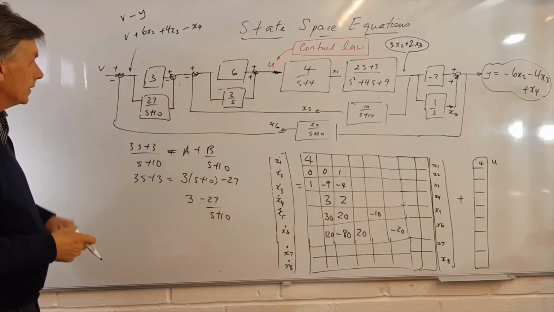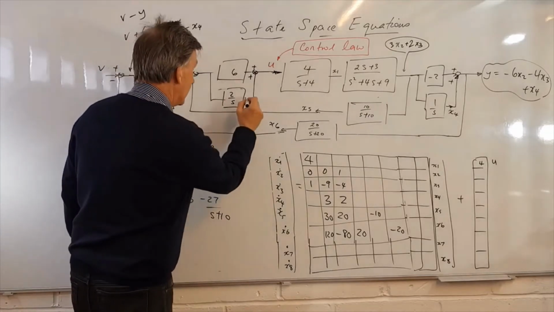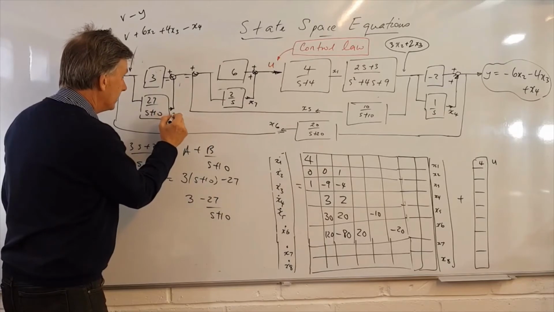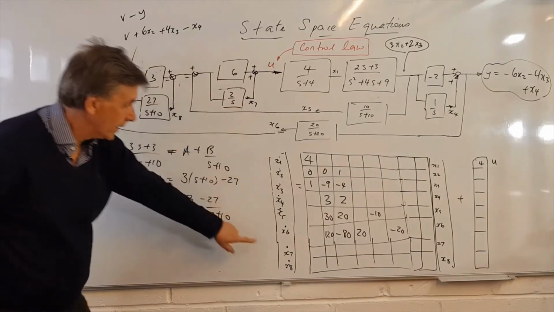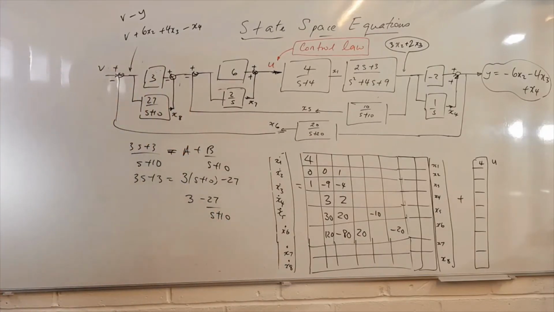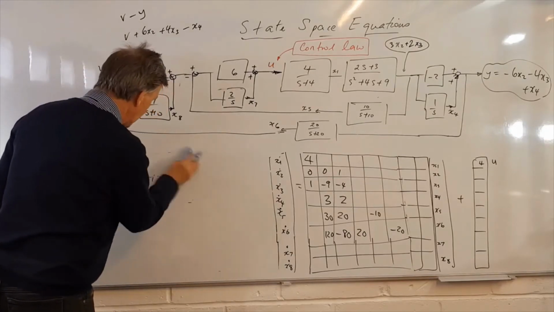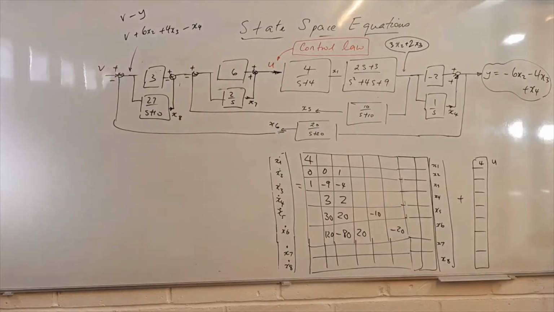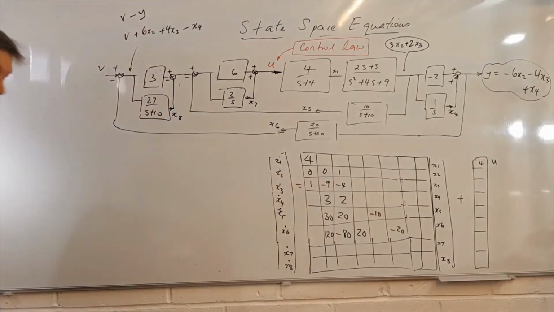And then when we've done that, we can call, say, this state here x7 and that state there x8. So x7 and x8 now are our additional states that we've got from our controller there. So we're now in a position to work out the control law and then get the closed loop state space equations.